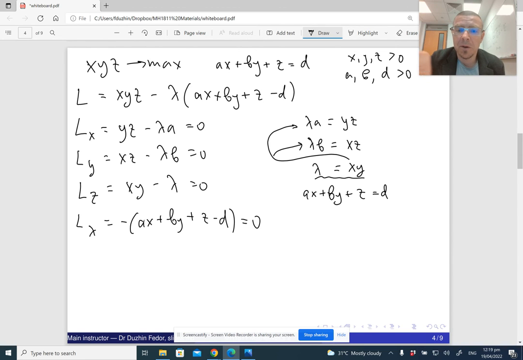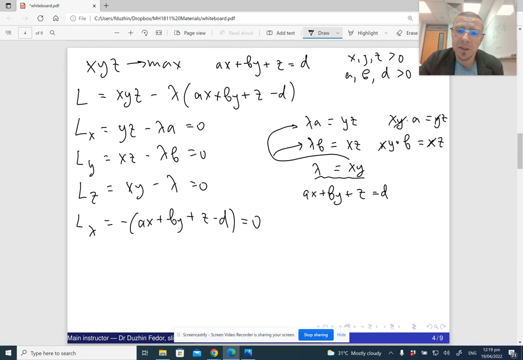So now I'm going to replace lambda with xy in the first two equations. So xy times a equals yz, and xy times b equals xz. Very conveniently, y cancels out in the first and x cancels out in the second.